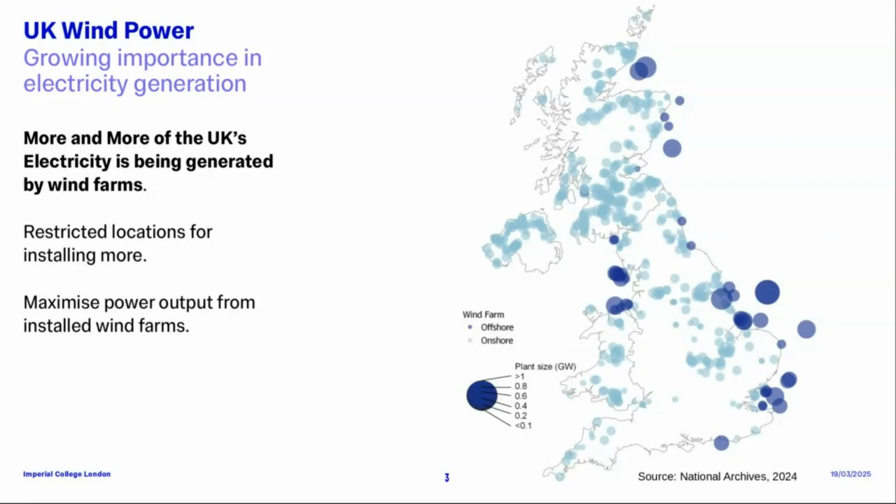So there are only certain areas around the coastline where we can implement these offshore wind farms. And so one thing we want to do is try and maximize the amount of power we can get from the wind farms that are already installed and future installations, to increase the amount of power we're getting from these wind farms.